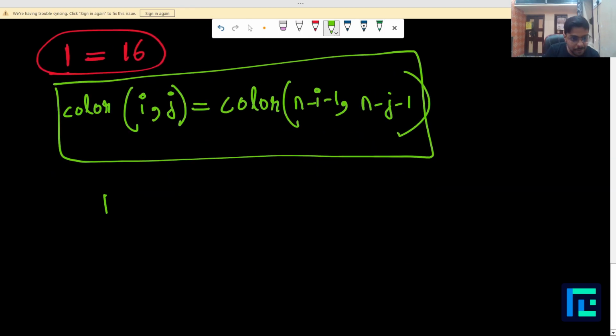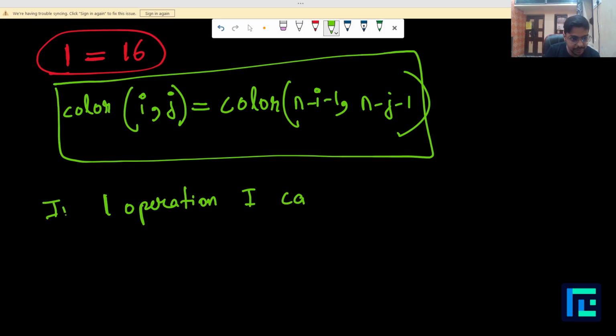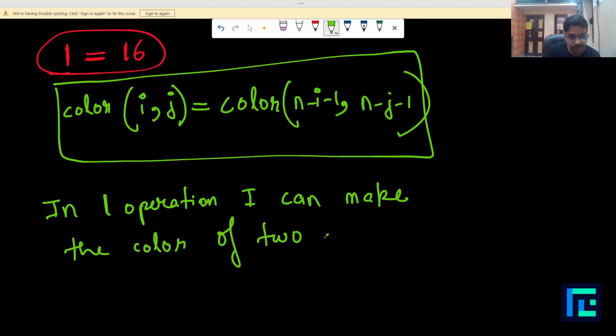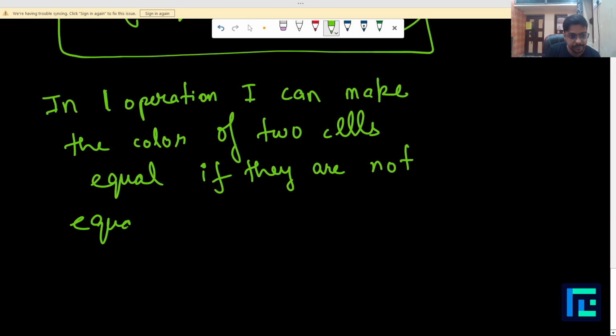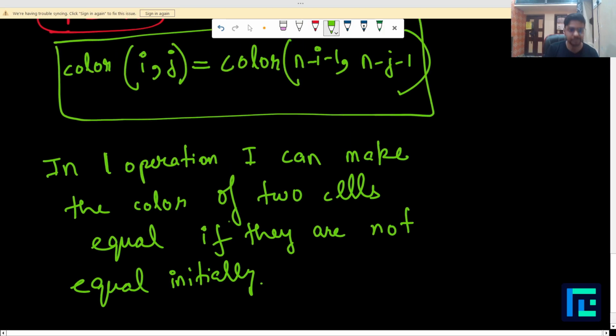So in one operation, I can make the color of two cells equal if they are not equal initially, right? This is what I can do.